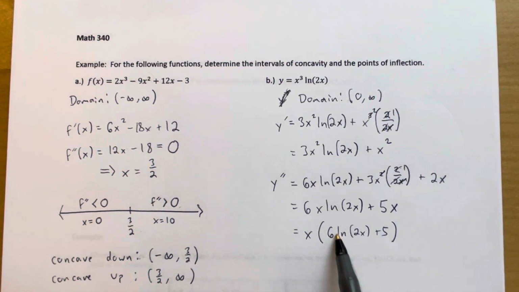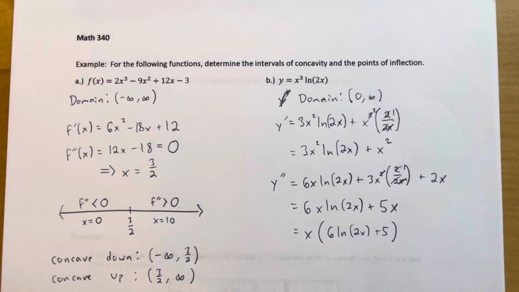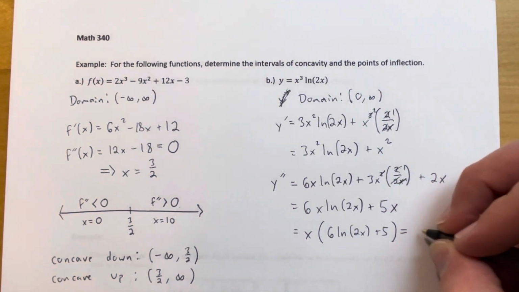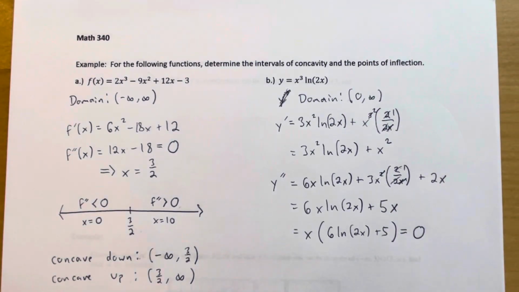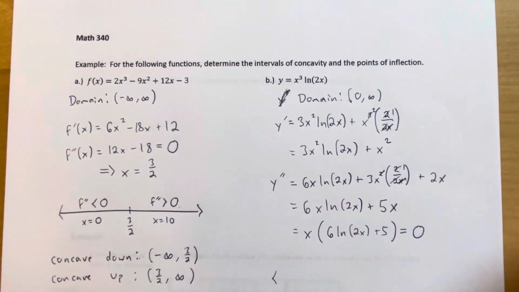But everywhere that my second derivative is not defined, the original function is also not defined. So what that tells me is that the only partition numbers that I will get are from setting this equal to 0 and solving.